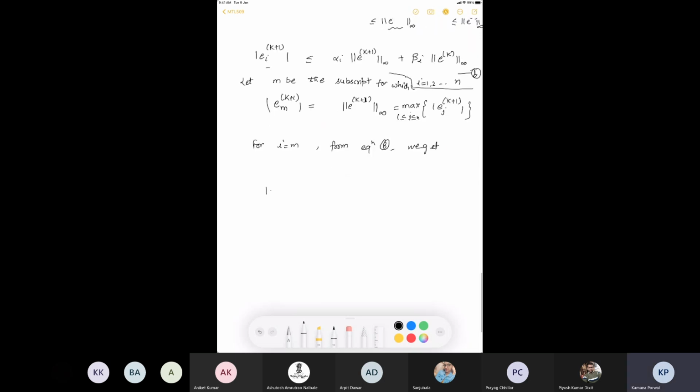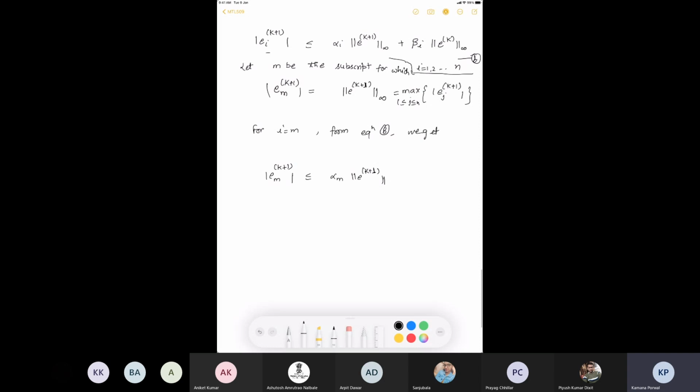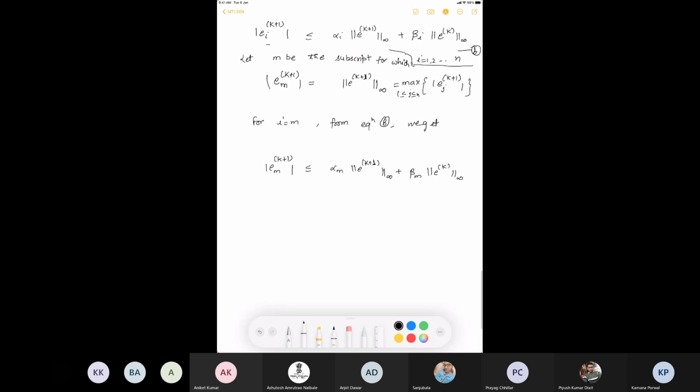So we'll get the mth component of the k plus 1th iterate is less than or equal to alpha m times the L-infinity norm of the error in the k plus 1th iterate, plus beta m times the L-infinity norm of ek.